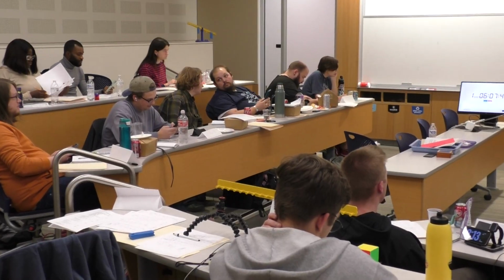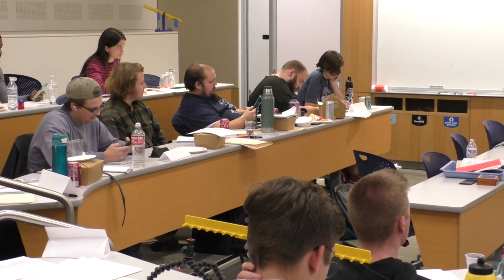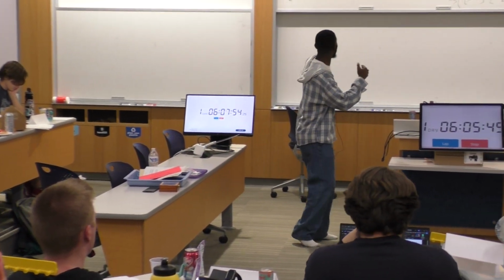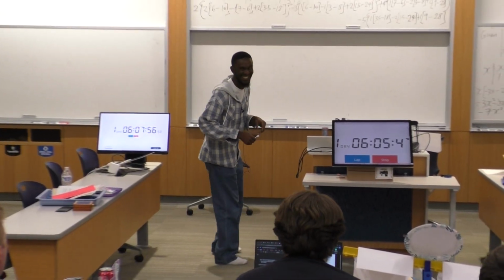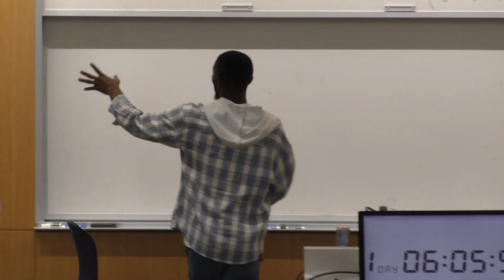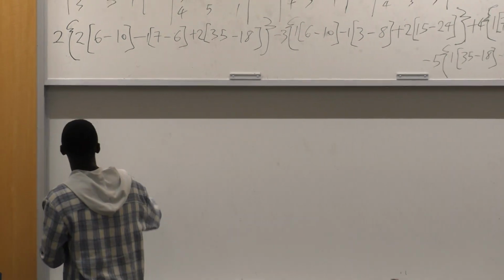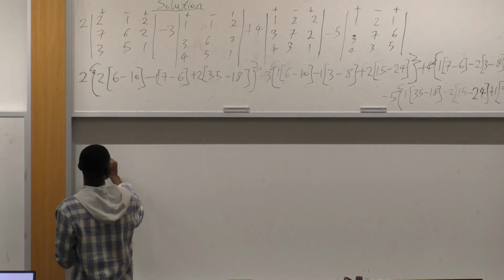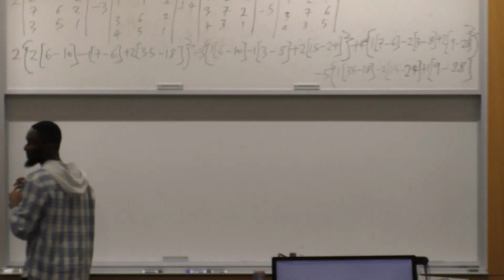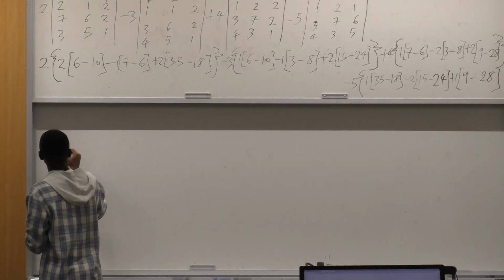Once I look at the length, I'll be like, let's take it one after the other, right? So we'll start from here. Look at what we'll do. We have 2 outside.